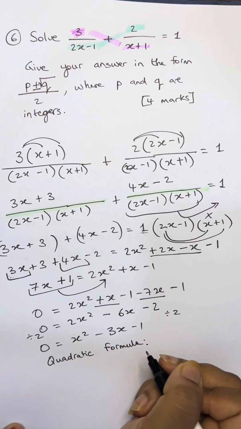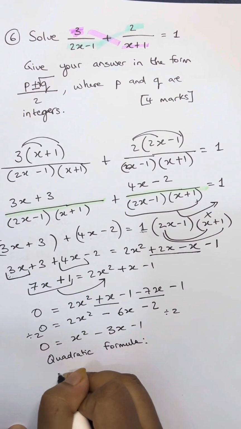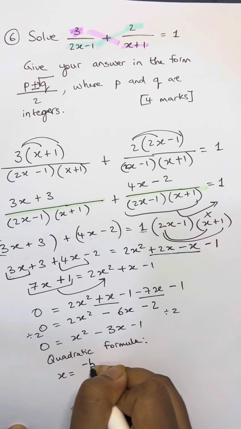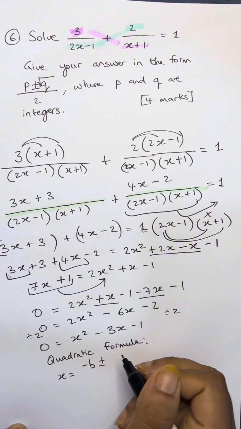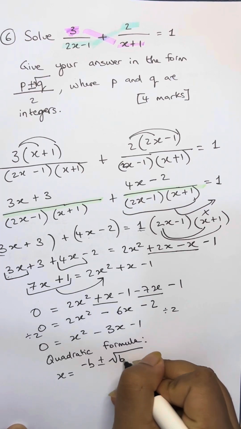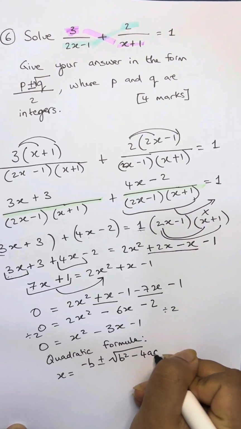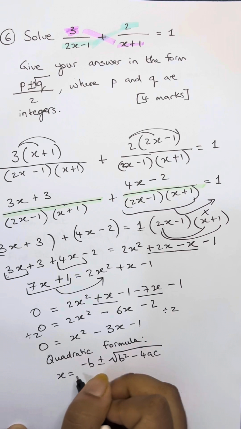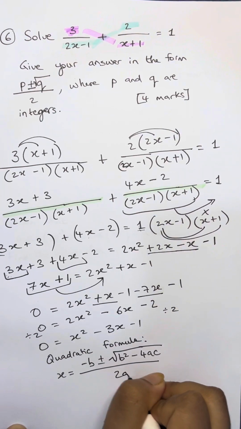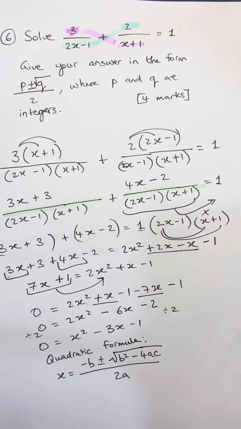And what's the quadratic formula? The quadratic formula is x equals to minus b plus minus square root of b squared minus 4ac over 2a. Yeah, that's my quadratic formula.